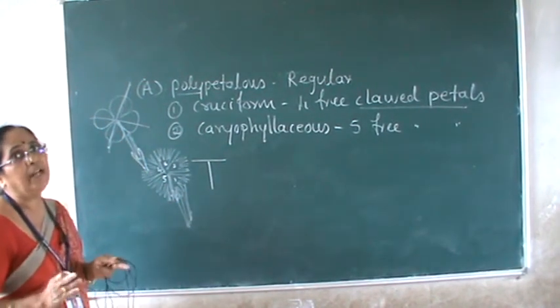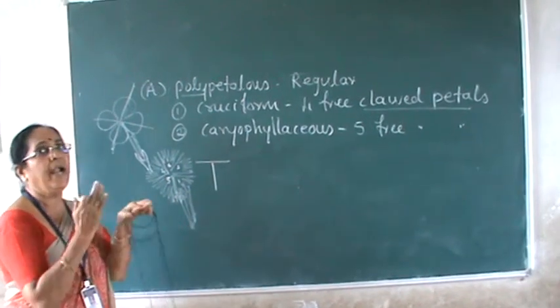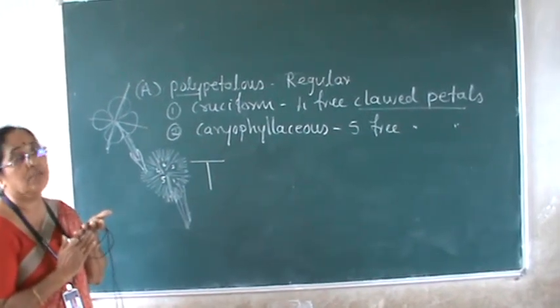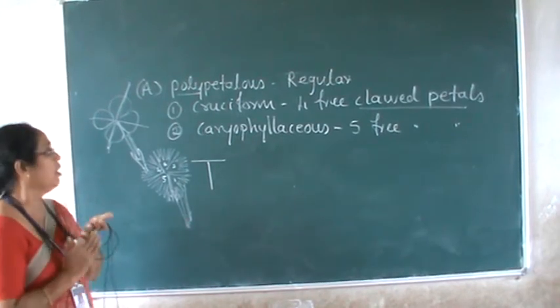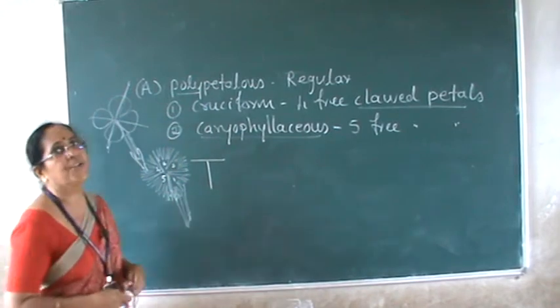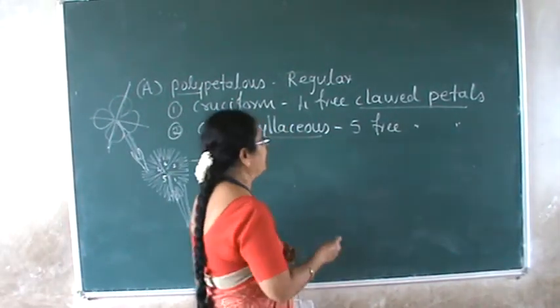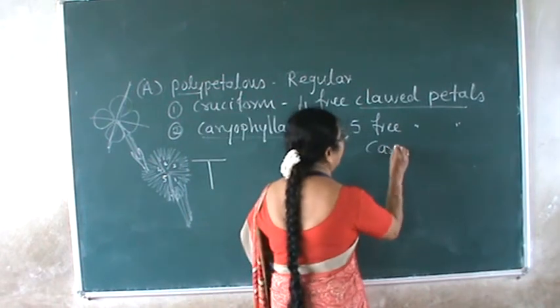There are 5 free clawed petals, and the limb spreads in the outward direction, exactly at right angles to the claw. In that case, that shape of the corolla is called caryophyllaceous corolla. This shape of corolla is found in the members which belong to family Caryophyllaceae.